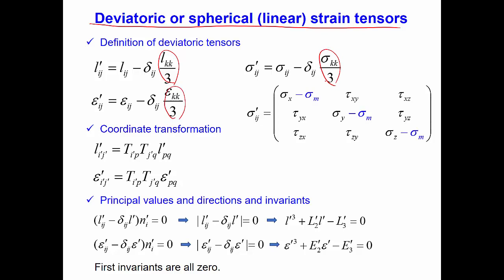When we subtract this mean value from a strain tensor, we can obtain a new tensor called the deviatoric strain tensor. Because the deviatoric strain tensor also belongs to second order tensors, this transformation rule should be satisfied, and we can define the eigenvalue with its associated invariants in the same way as the original strain tensors.